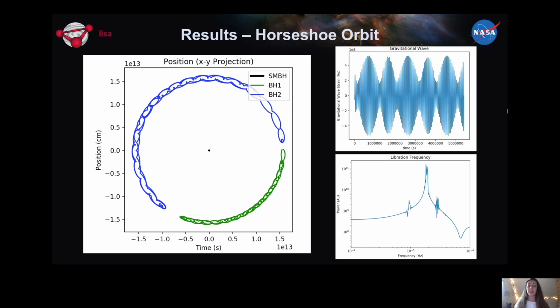The center peak, again, is 2 times the orbital period of the two stellar mass black holes surrounding the supermassive black hole. We then have 1 and 3 times the orbital period of the system, which represent the closest and furthest approach points of the two stellar mass black holes, so we can identify the dynamics of the two stellar mass black holes in reference to each other.